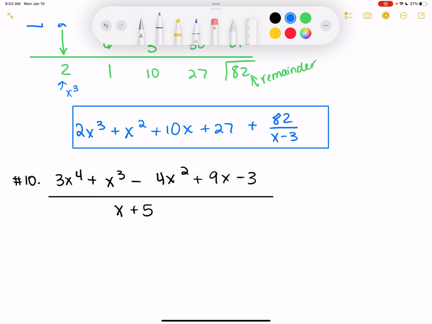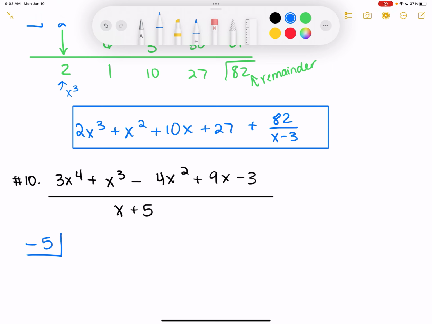Give y'all a second to write this down, then you can tell me what to do. All right, so what do I need to do? Start off with the negative 5 in the little box.